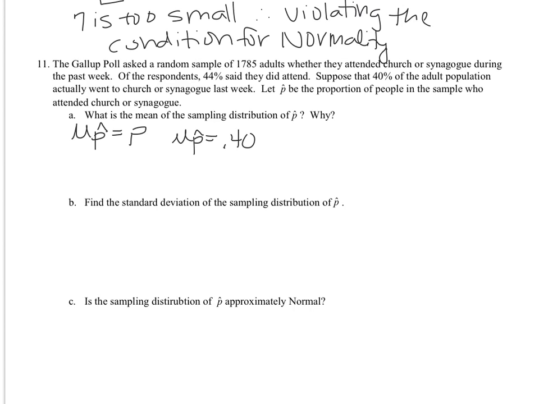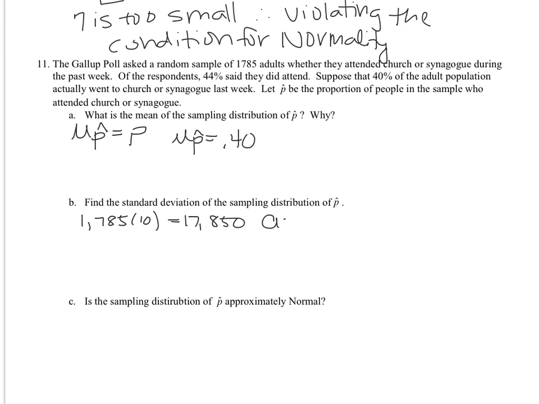Find the standard deviation. So we can only find the standard deviation if that 10% condition is met. So first thing we have to do is check the 10% condition. So, our sample size is 1,785 times 10 equals 17,850.